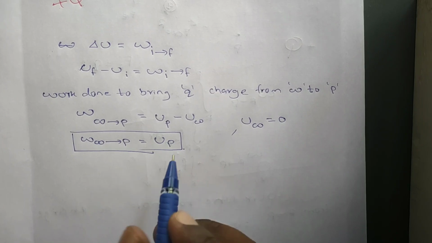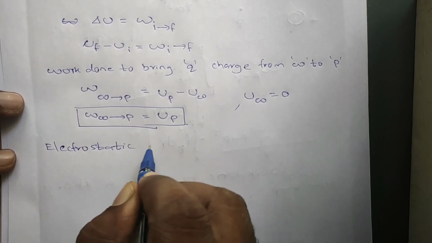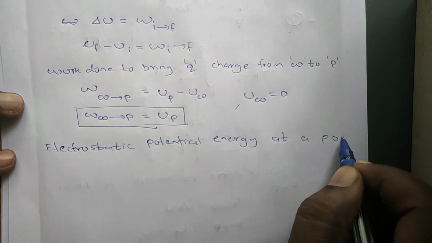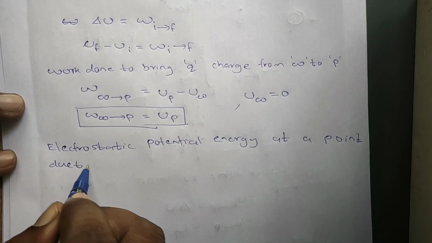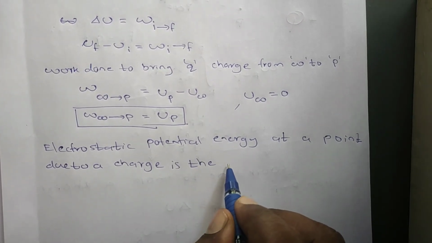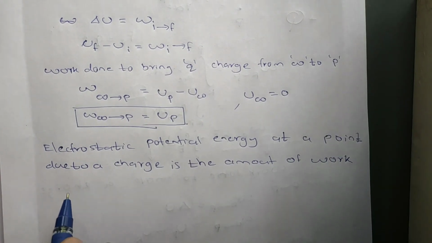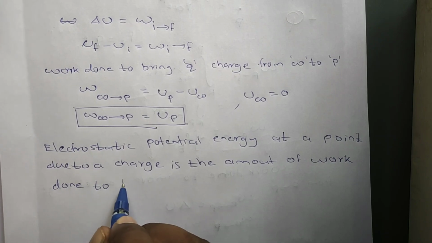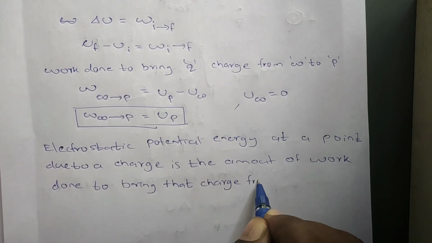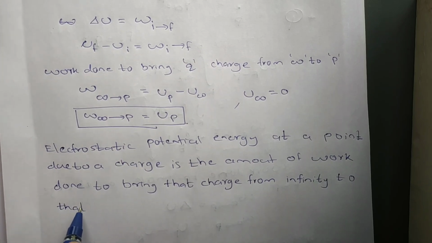So electrostatic potential energy at a point due to a charge is the amount of work done to bring that charge from infinity to that point.